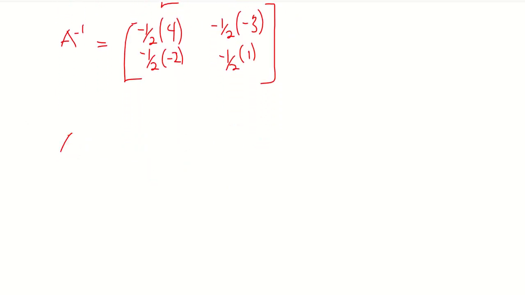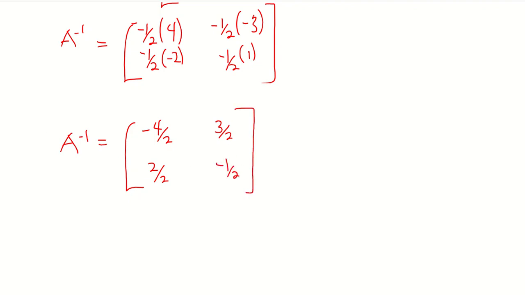At this point we have A inverse equal to minus half times 4 is minus 4 out of 2, and minus half times minus 3 is 3 out of 2. Now we have minus half times minus 2 is 2 out of 2, and at this point we have minus 1 out of 2.